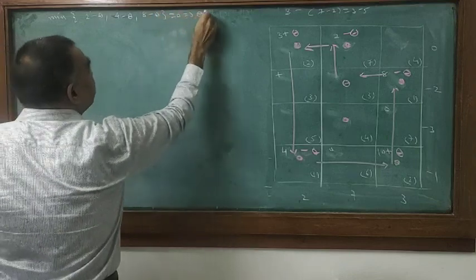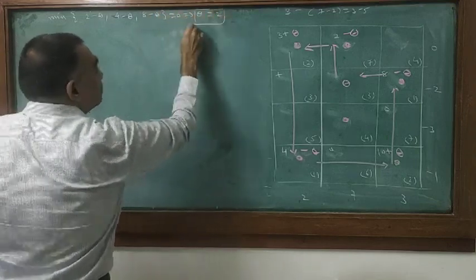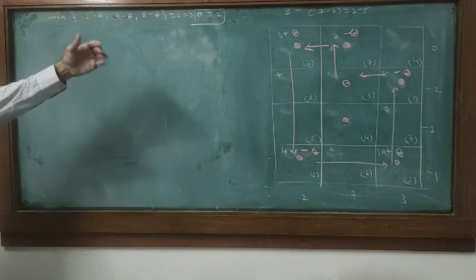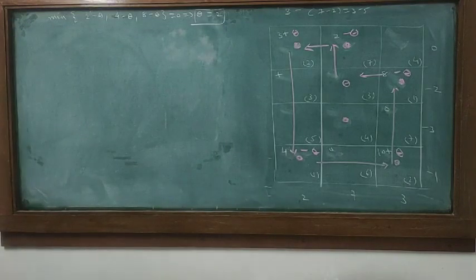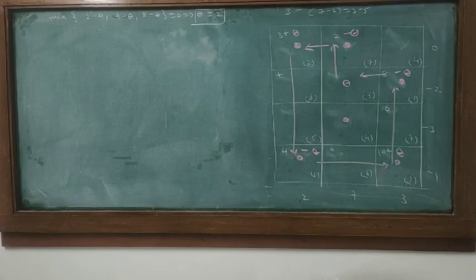This implies the value of theta is 2. Means we have to find the value where the values are very less. I will continue this lecture next time. Thank you very much.